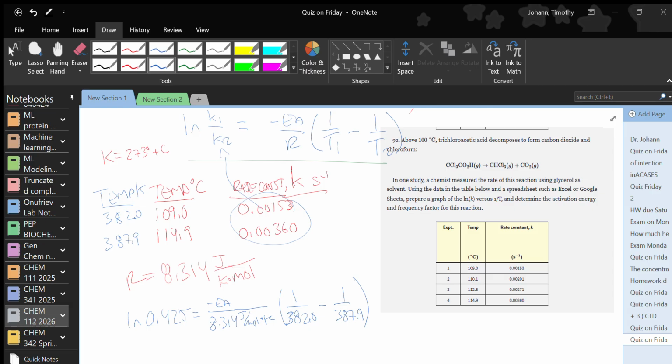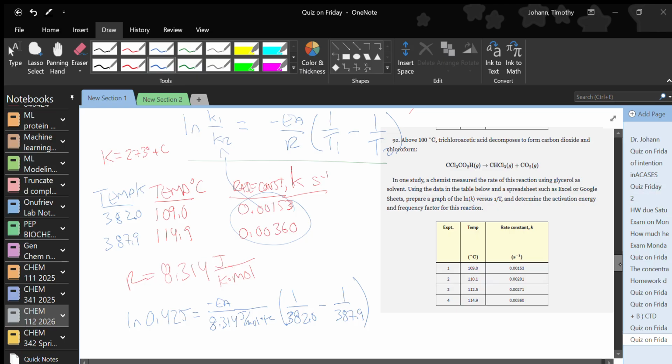So I do 382, and there's a 1 over x key. I hit the 1 over x key, I subtract 387.9, 1 over x, equals, and I get my answer. Then I divide by 8.314, because that's a number that's on top, and I get a number with a whole bunch of zeros in front of it.